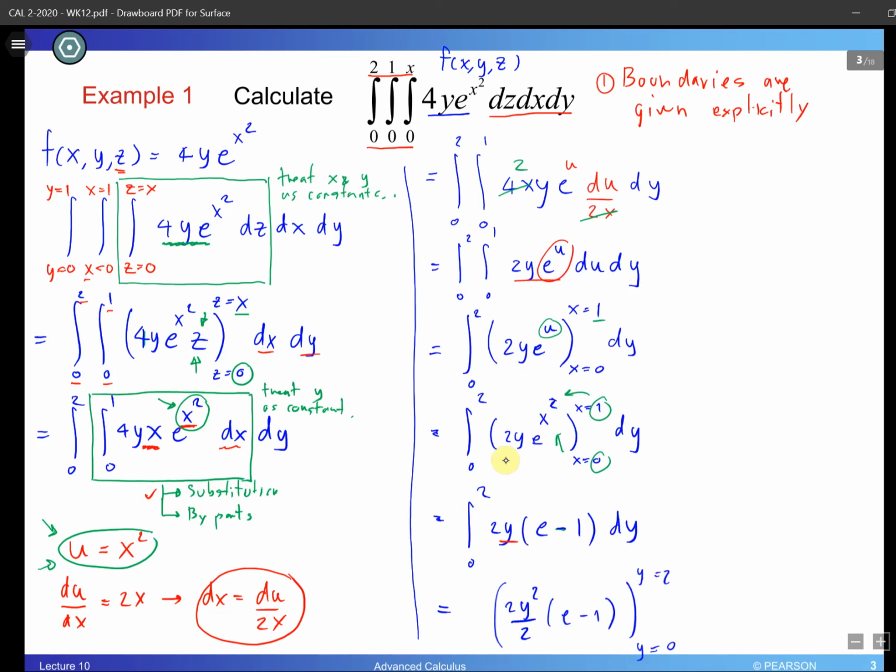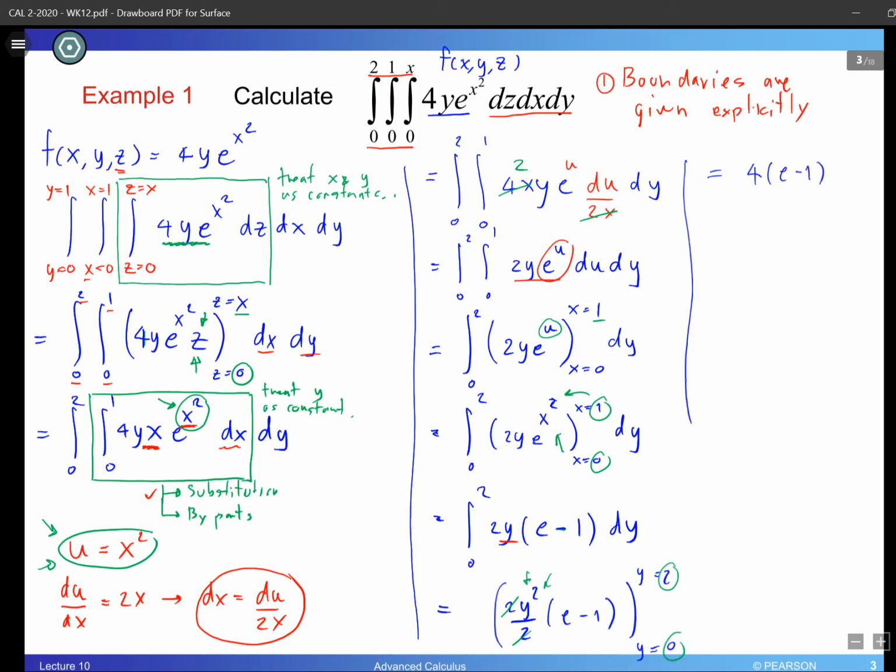And let's continue over here. Equal to 2 goes in. Oh, by the way, this can cancel. Very nice. So 2 goes in. Right here it becomes 4. Okay, so we have this 4 e minus 1, and then with this 0 goes in, everything goes to 0.